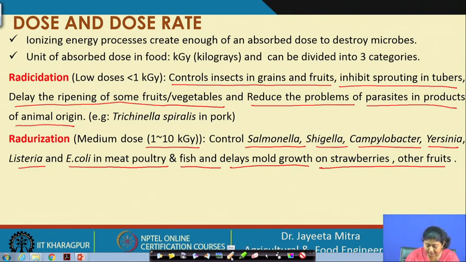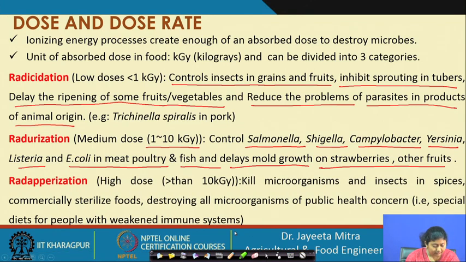So, the next thing is a little bit higher than this, radappertization, that is a high dose greater than 10 kilogray that kills the microorganisms and insects in spices and commercially sterilized food, destroying all microorganisms of public health concern. That is for special diets for people with weakened immune systems. So, for them this is to be used, and after that the irradiated food can be consumed.